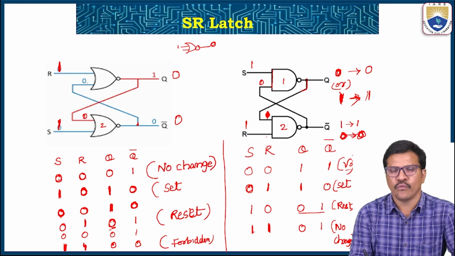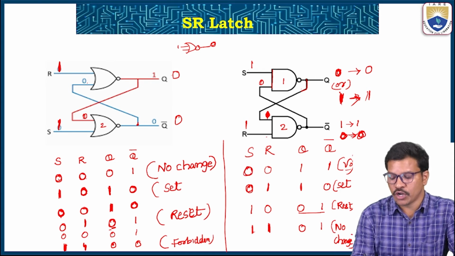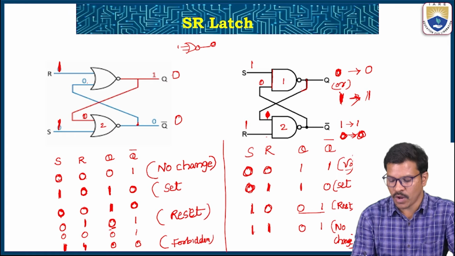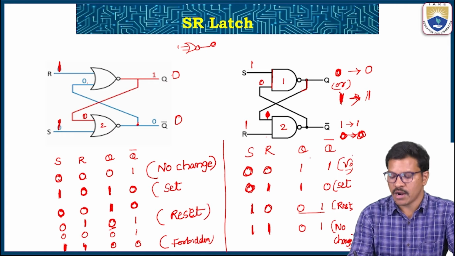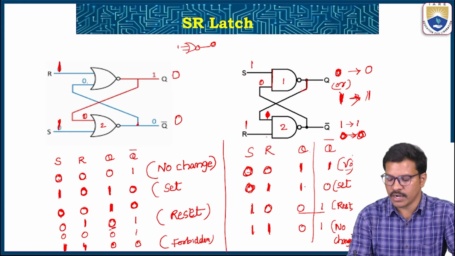We can also easily remember, students, like a two variable truth table: 0, 0 combination, 0, 1, 1, 0, 1, 1 are the inputs, and the output if we consider only Q. For the NAND latch, 0, 0 is a violation, forbidden, not allowed condition.